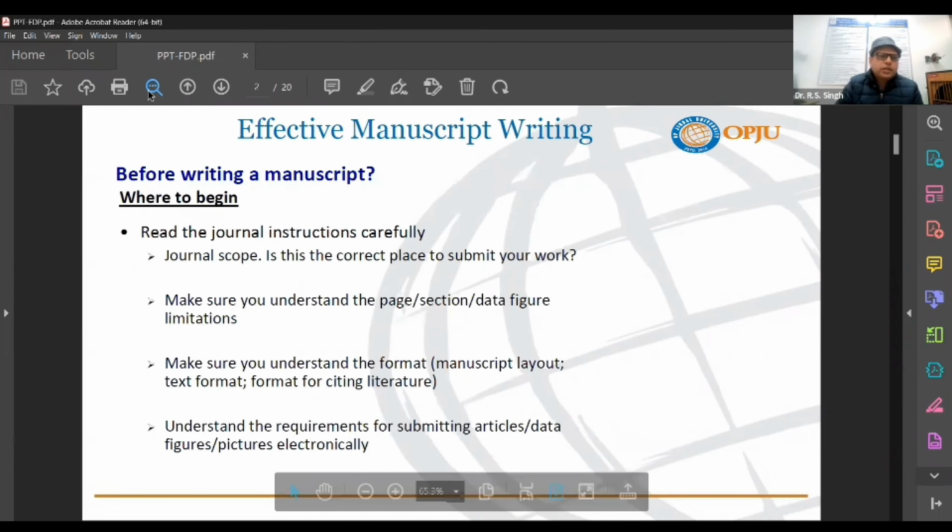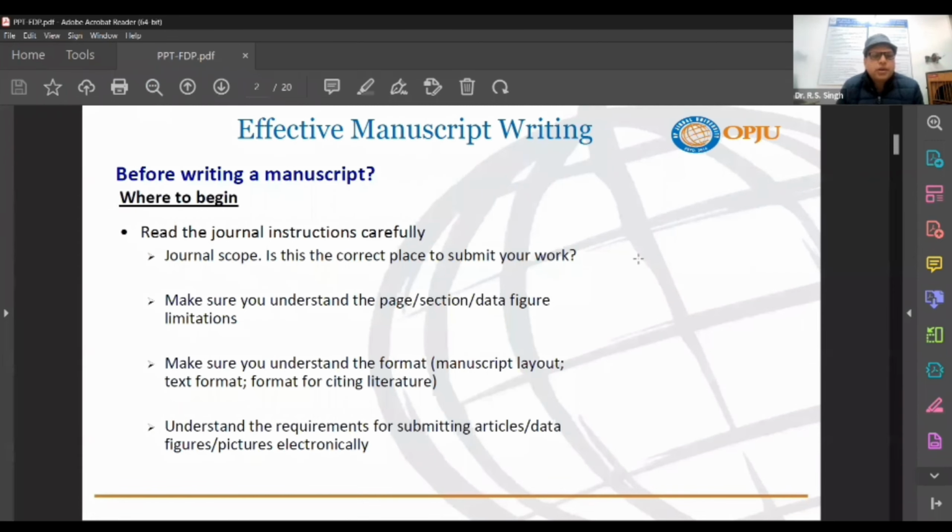So before we start, the first step that you need to know in effective manuscript writing is, before writing a manuscript, you must know where to begin. Where to begin means you need to choose a journal where you are going to submit your article, your manuscript. So read the journal instructions carefully.